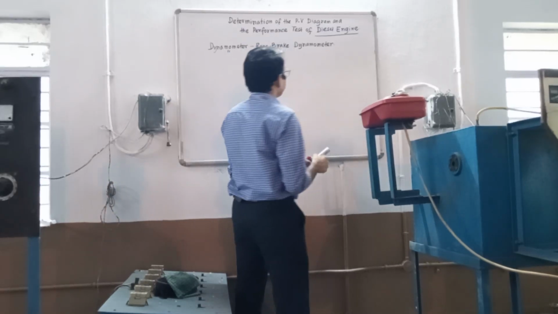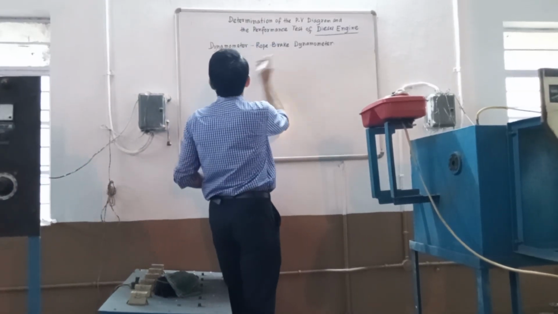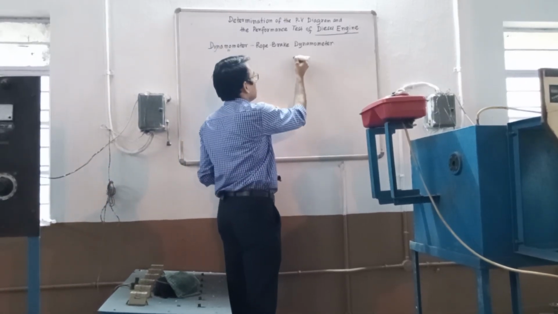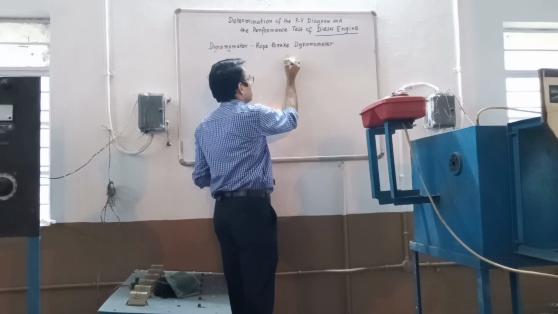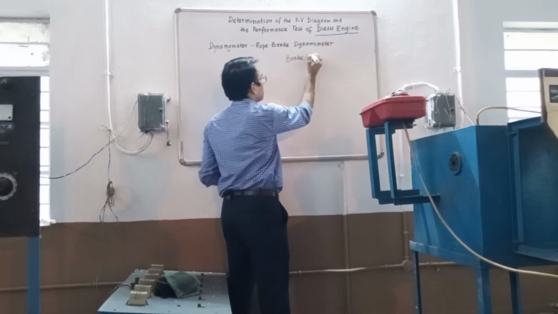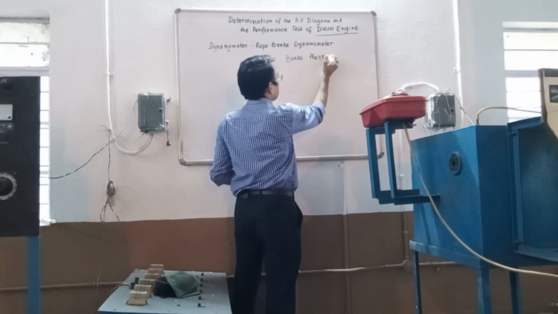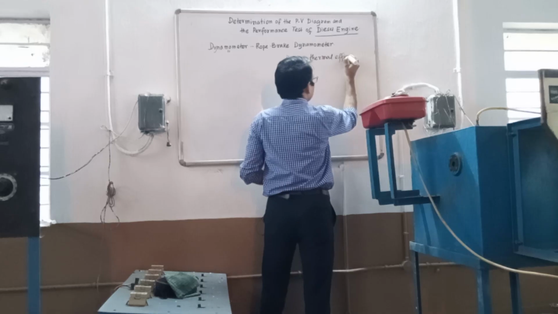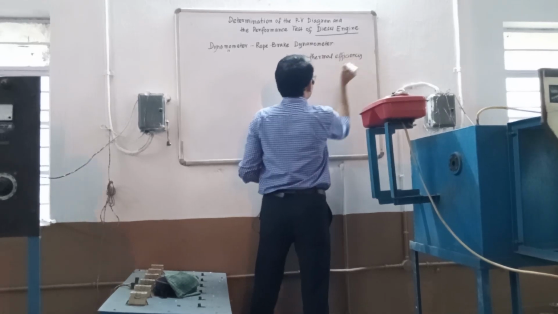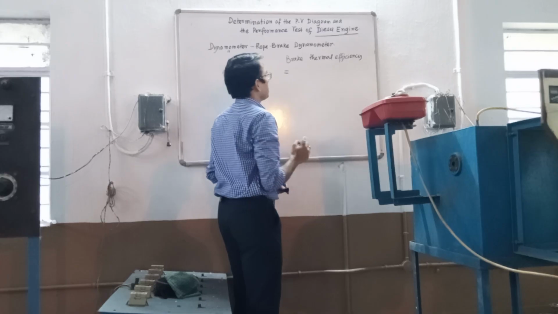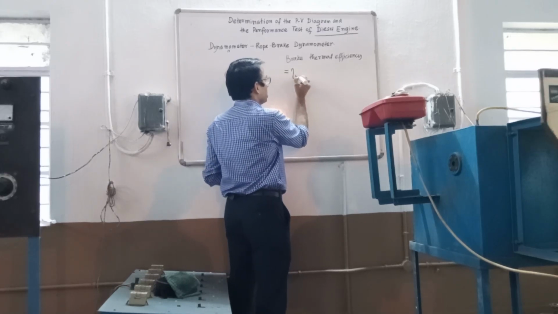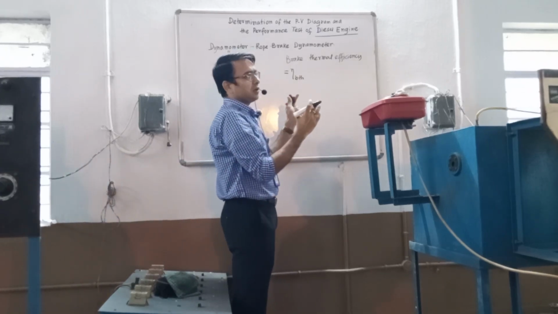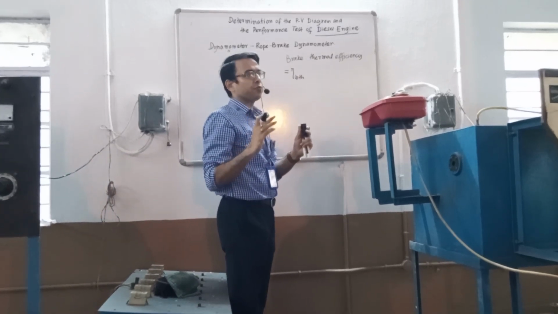Next, what do we do? We calculate the brake thermal efficiency. So brake thermal efficiency, eta BTH, is brake power per unit power from the fuel.